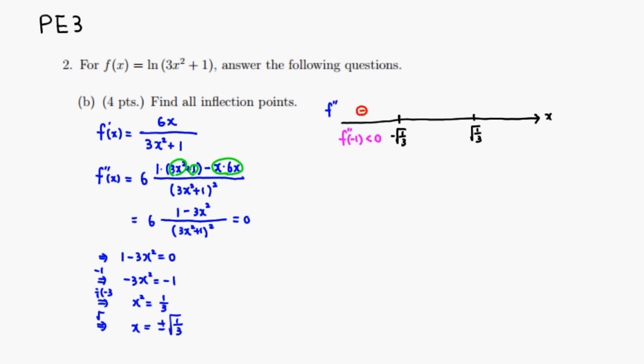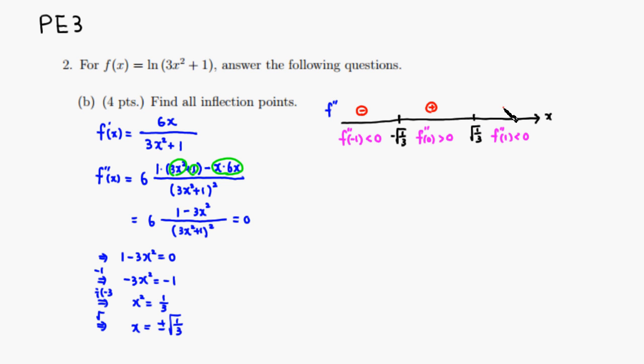Then we can try anything between negative square root of 1/3 and positive square root of 1/3, maybe 0. If you put 0 there, 1 minus 0 is 1, so it's positive. So on this interval the second derivative is positive. For the last one, we can try anything bigger than square root of 1/3, so I'll try 1. Same thing, 1 minus 3 is negative here.